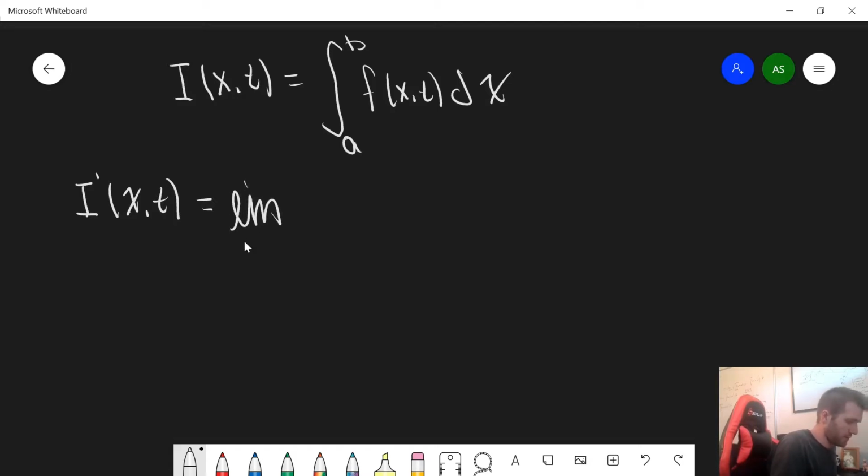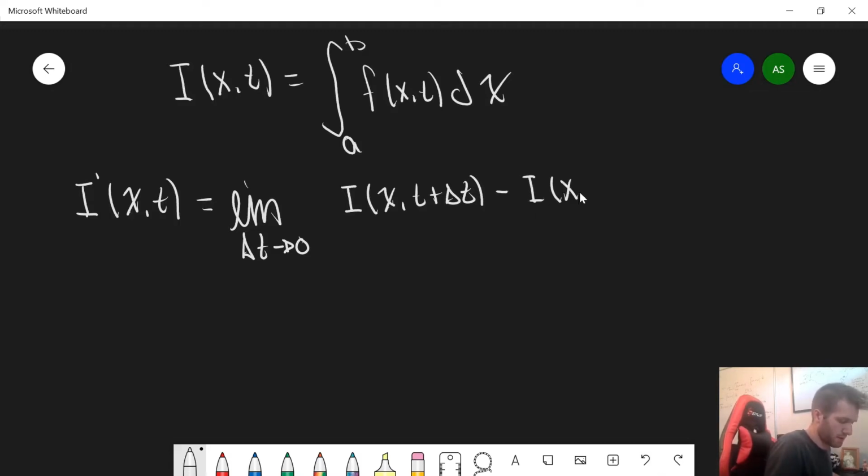So we're going to have our limit as delta t approaches 0, and we are going to take our I value, and that is going to be composed with our x comma t plus delta t, minus, sorry, I of x comma t, divided by delta t. Okay, so we have that.